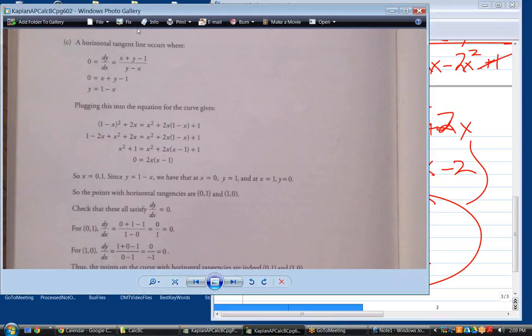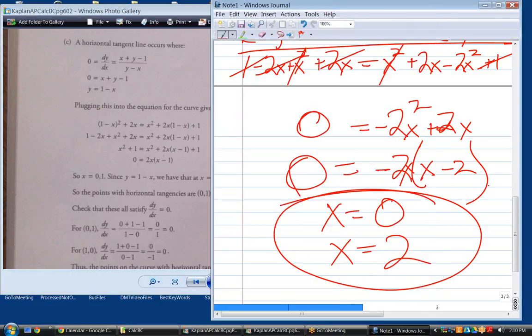Let me just make sure I did everything right there. A horizontal tangent line occurs when that's equal to 0, so y equals 1 minus x. Plug that in, we get this. I must have done my math wrong. When I factored out the minus 2, it really left x minus 1.